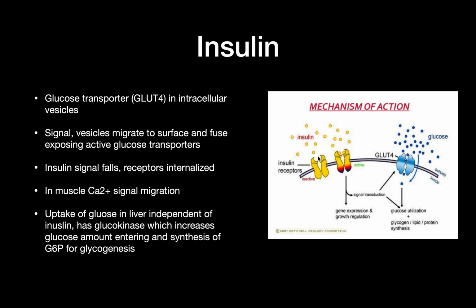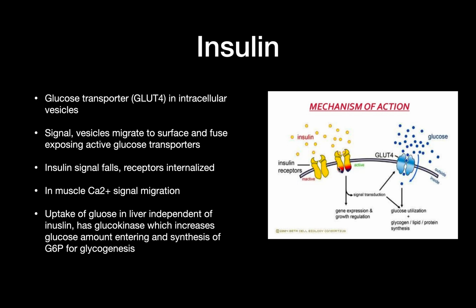But that doesn't work until a signal comes and binds to it. So if a signal doesn't bind, they're going to be inactive. So once the insulin signal falls, there's no more glucose. The receptors will inactivate and then get internalized. So they'll be brought back into the cells.